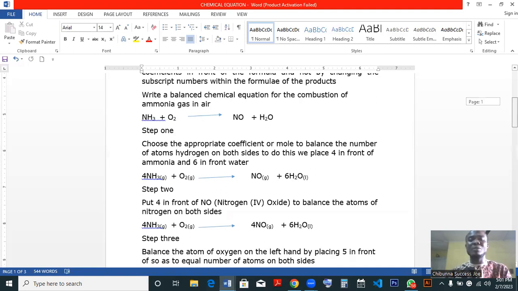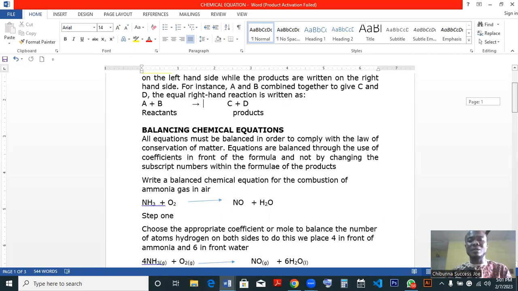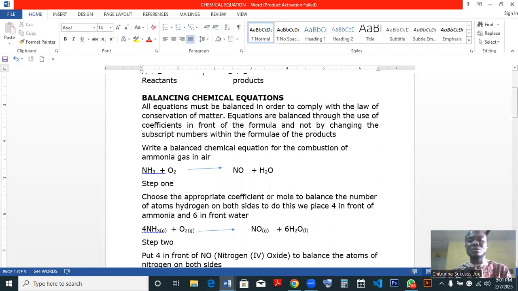So an atom cannot be created. You cannot create an atom, and you cannot destroy an atom. That is the law of conservation of mass.